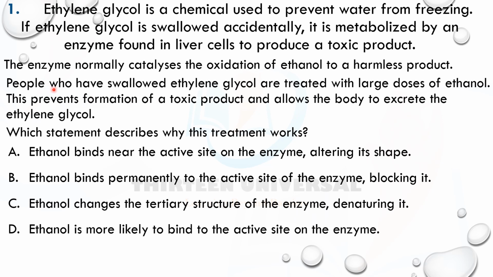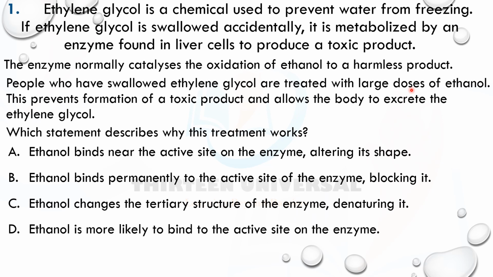Then it says people who have swallowed ethylene glycol are treated with large doses of ethanol. Now ethanol can bind to this enzyme and ethylene glycol can bind to it. However, when ethylene glycol is metabolized by the enzyme, it forms a toxic product. But when ethanol is metabolized, it forms a harmless product. So both of them can be metabolized by this enzyme.